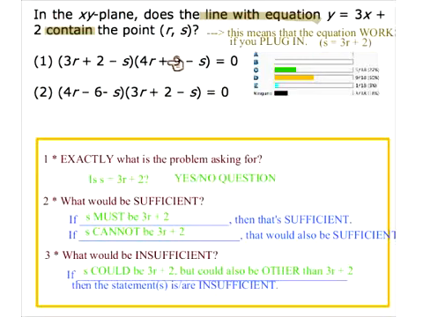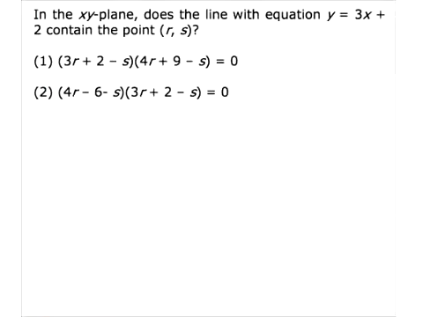Okay. Here's the problem again. At this point, as soon as we figure this out, we are done with coordinate geometry. We don't need to think about lines here at all anymore.